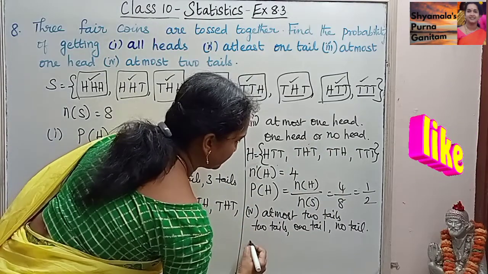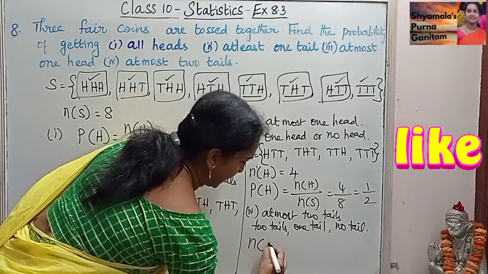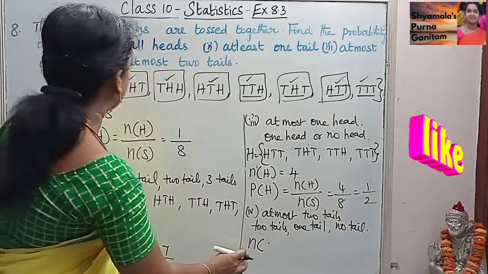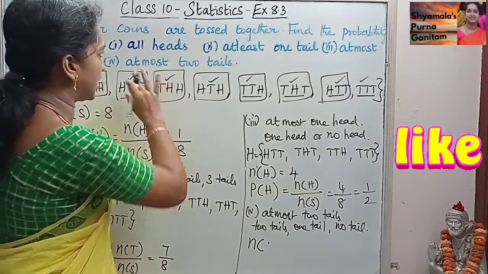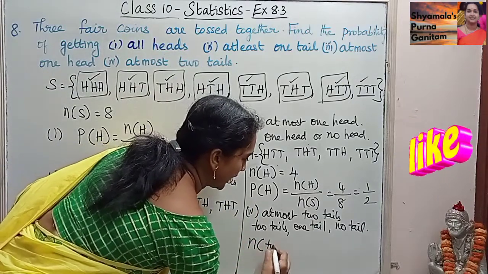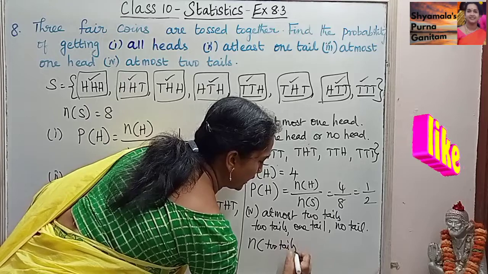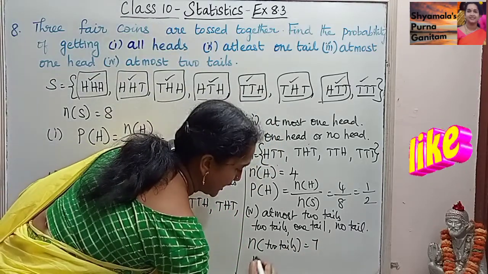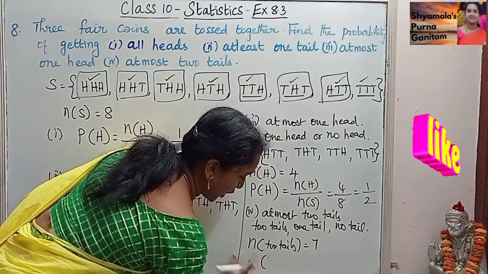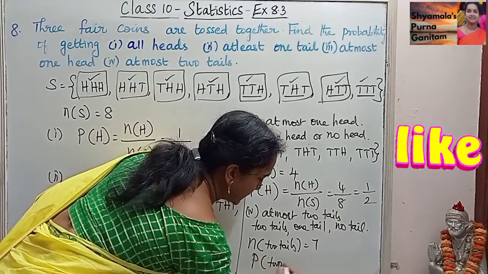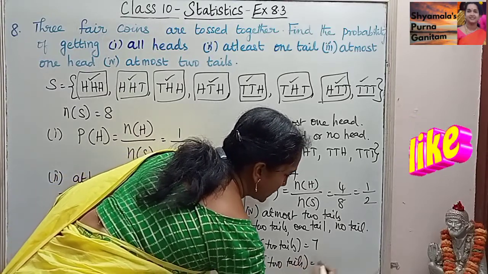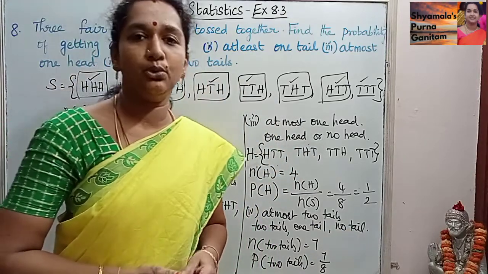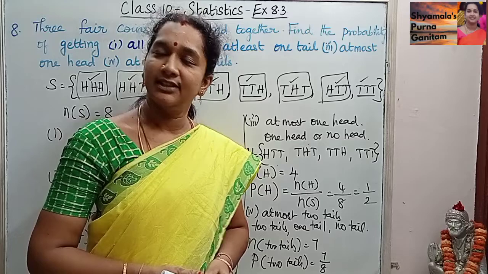So totally, the number of outcomes for at most 2 tails is equal to 7. So probability of getting at most 2 tails is 7 by 8. So this is how we have to do this sum. Okay, thank you.